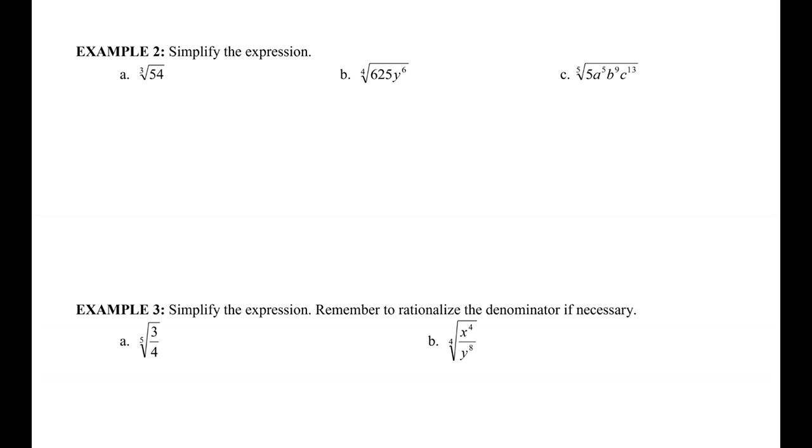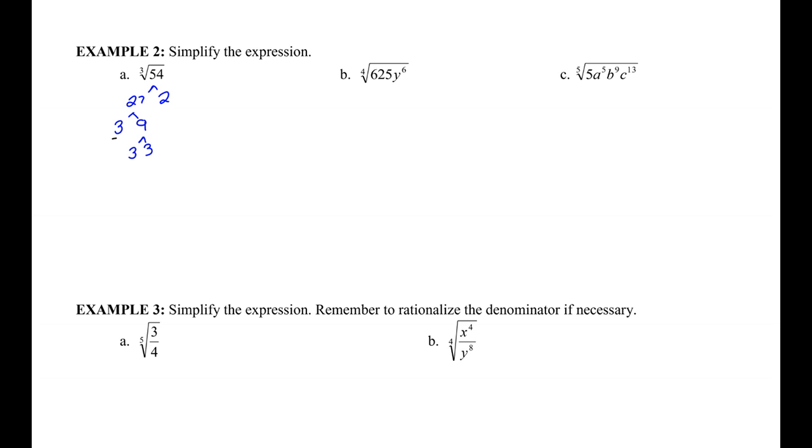For example 2, it asks us to simplify the expression. So once again, we're going to use our factor trees. I can use any 2 numbers that get me to 54. So I'm going to use 27 and 2, and then I can break down 27 to be 3 times 9, and I can break 9 down to be 3 times 3.